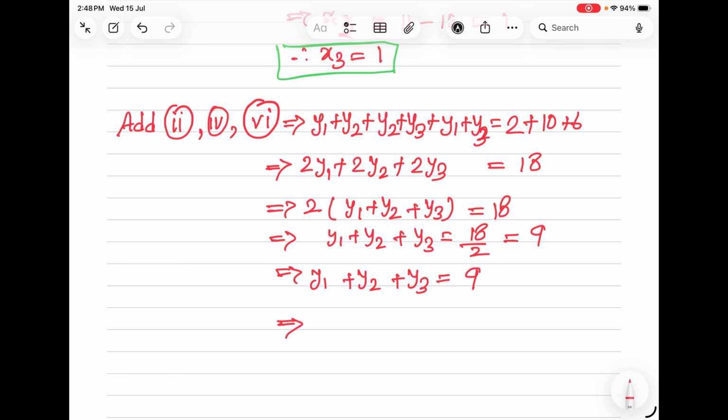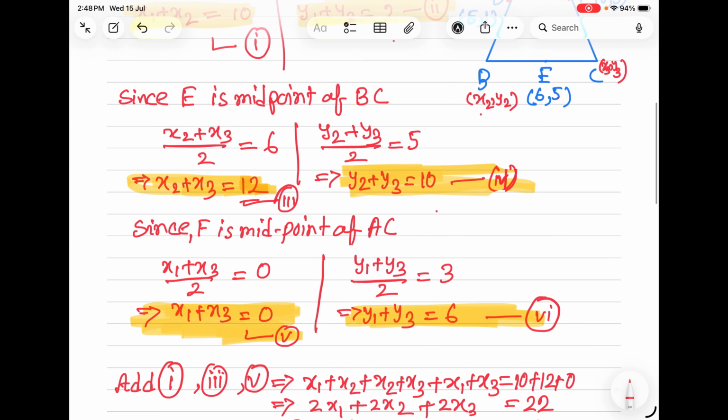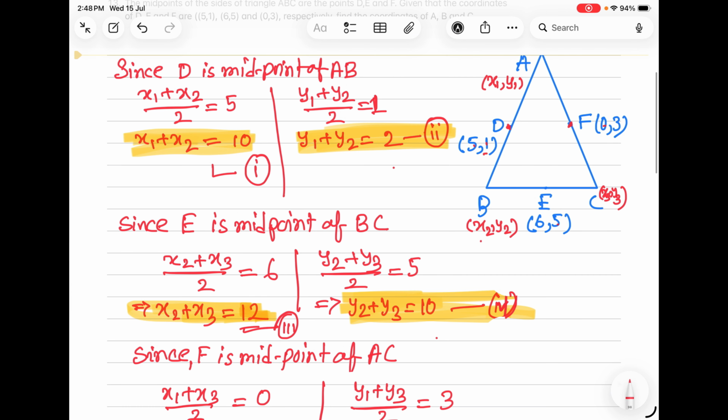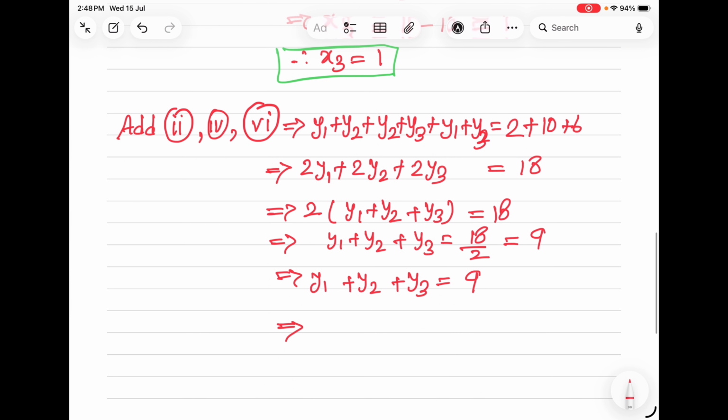Now see equation number 2: y1 plus y2 equals 2. Substitute the value of y1 plus y2 equals 2 into y1 plus y2 plus y3 equals 9. Therefore, we get the value of y3: 9 minus 2 equals 7.